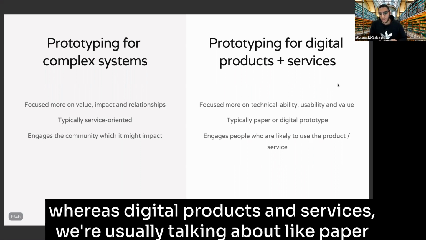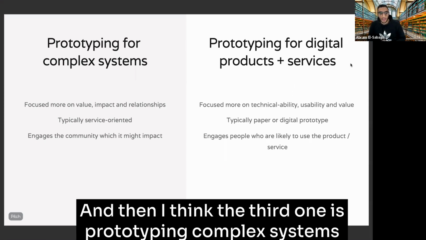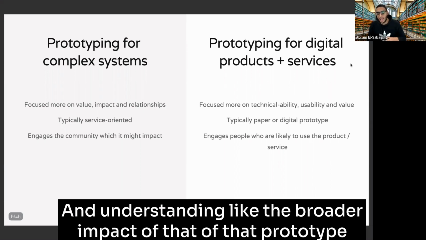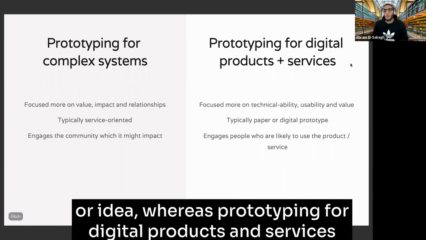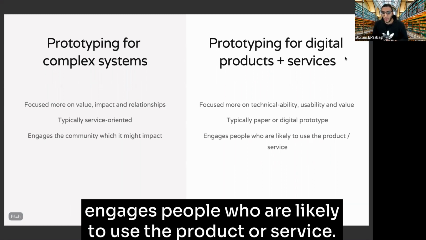Whereas with digital products and services, we're usually talking about paper or digital interfaces, which you can use to explain your idea or test your idea. And then the third one is that prototyping complex systems focuses more on engaging the community, which it might impact, and understanding the broader impacts of that prototype or idea. Whereas prototyping for digital products and services engages people who are likely to use the product or service.